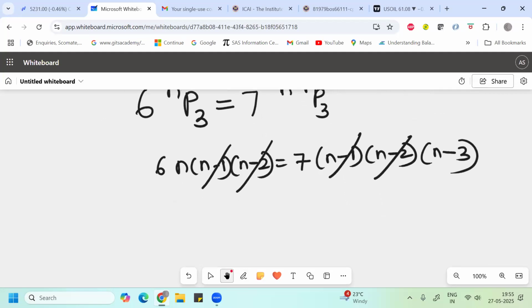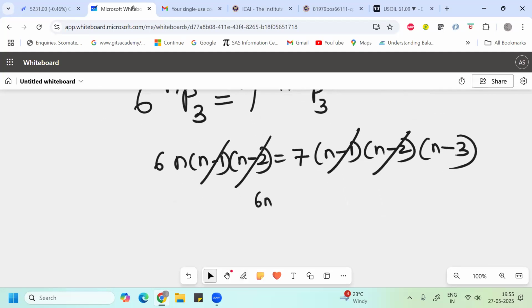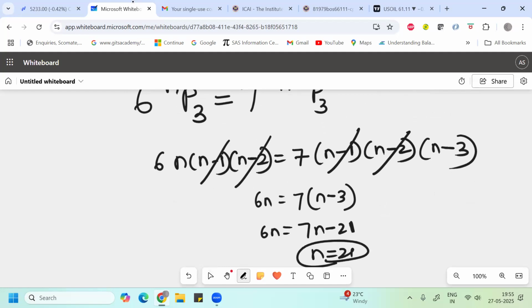So this would be 6n is equal to 7 into n minus 3. So 6n is equal to 7n minus 21. So n is equal to 21. The value of n is 21.